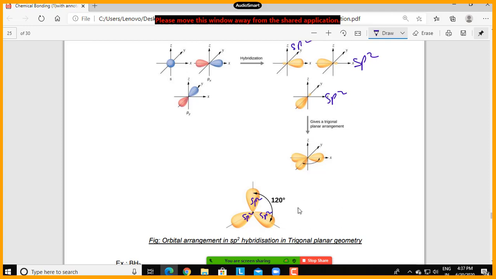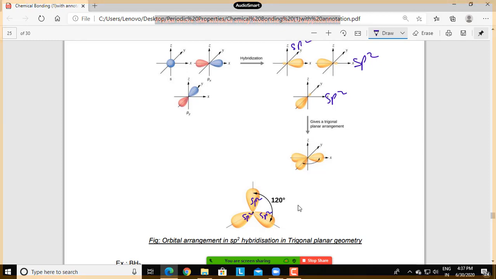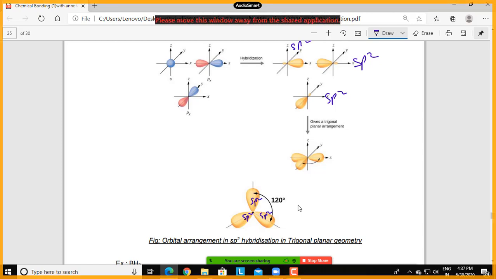Bond angle will be 120 degree. Why like this? Because by this it will attain maximum stability. It will have minimum repulsion and maximum distance from each other. So there will be maximum stability. That's why they will form sp2 hybridization showing trigonal planar geometry.